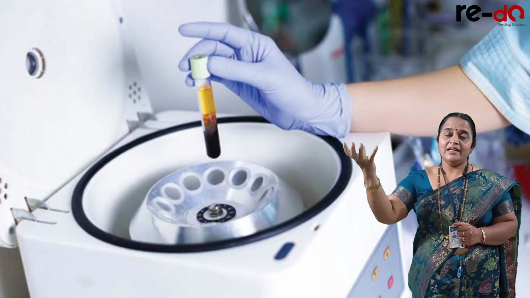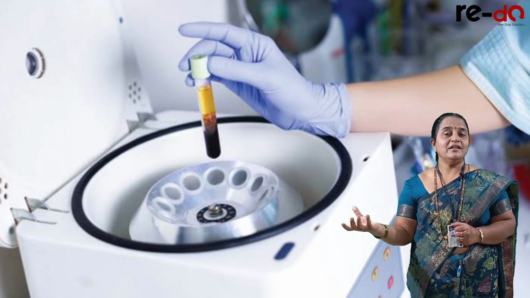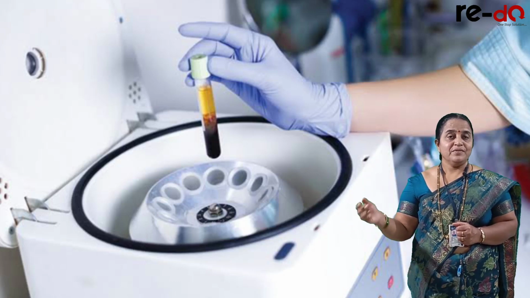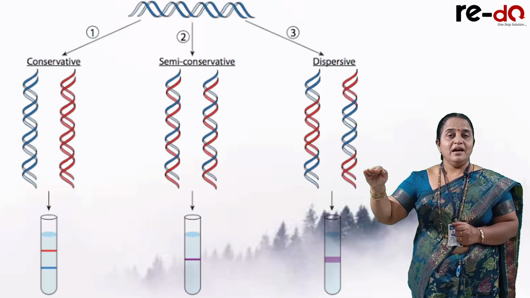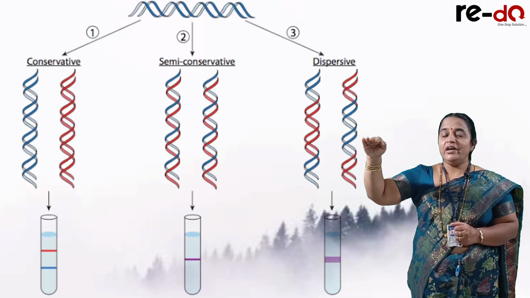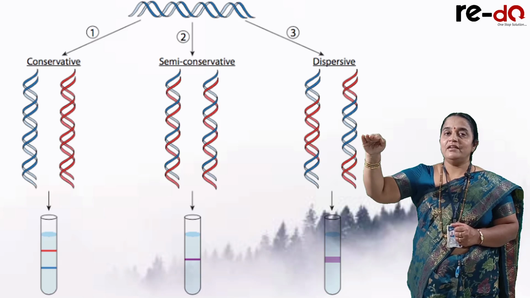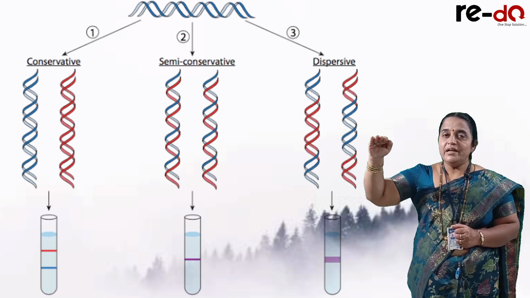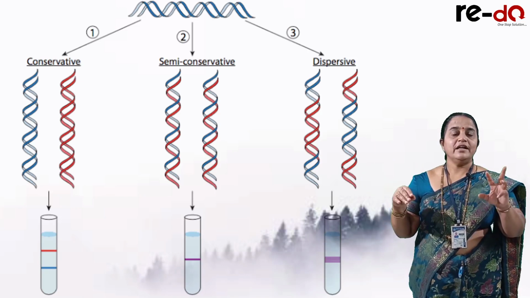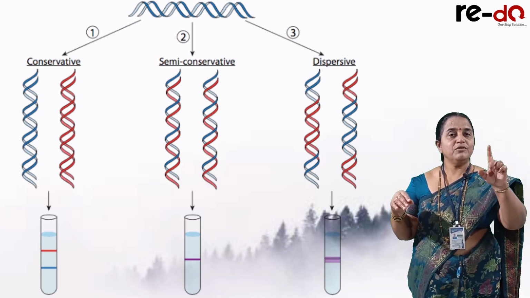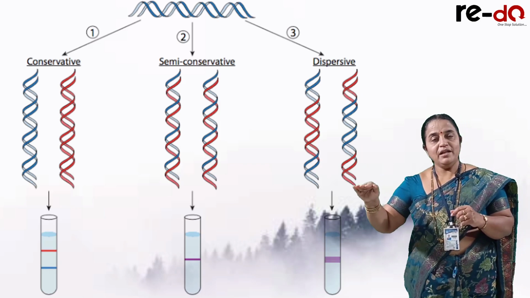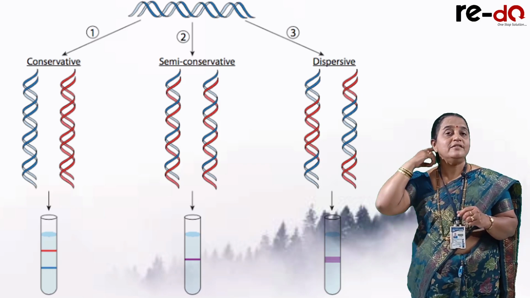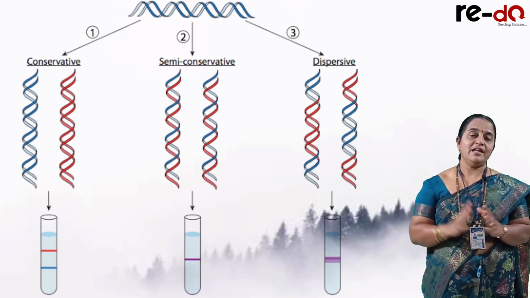When they collected the centrifuged content in the test tube, some DNA was at the quite upper level, some DNA in the middle. The upper DNA, they observed, contained both strands with 14N, and the DNA in the middle was with 15N and 14N.